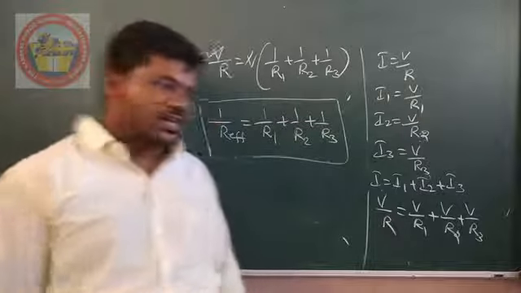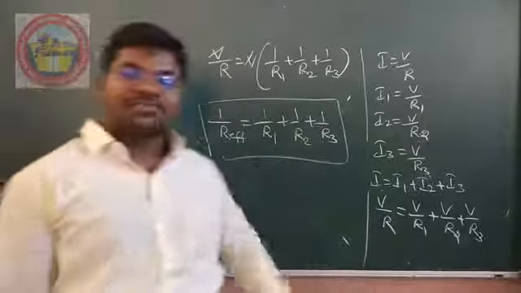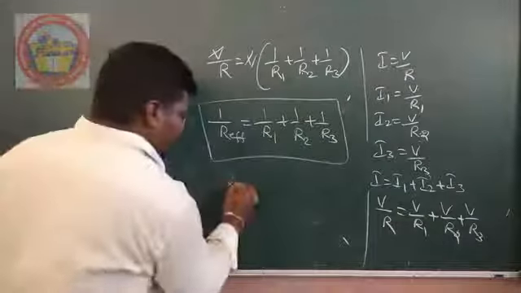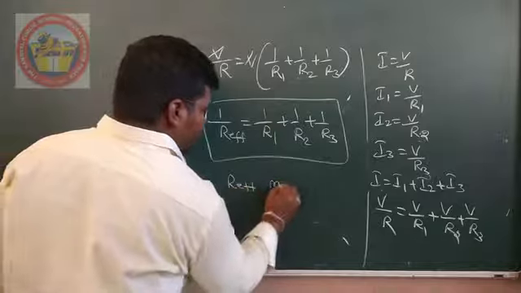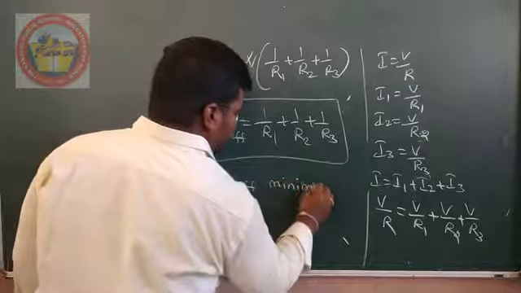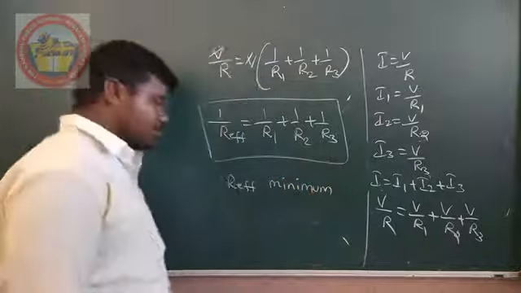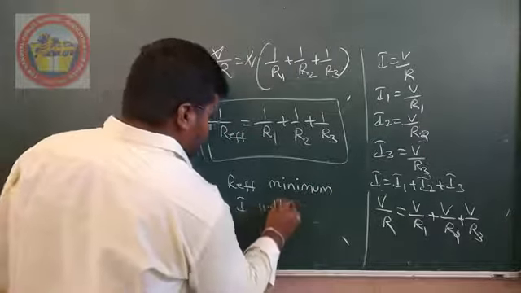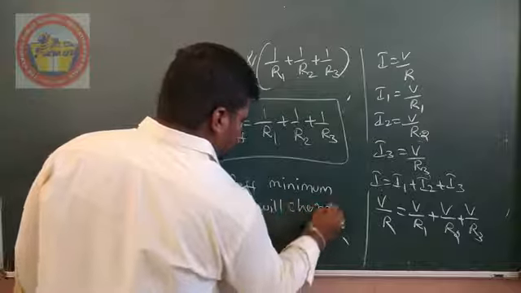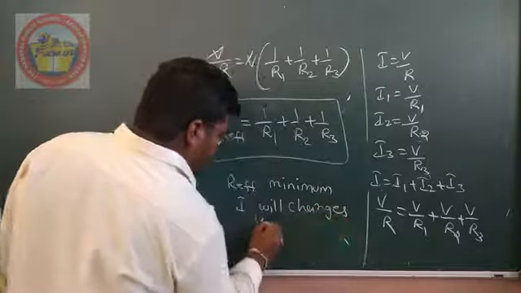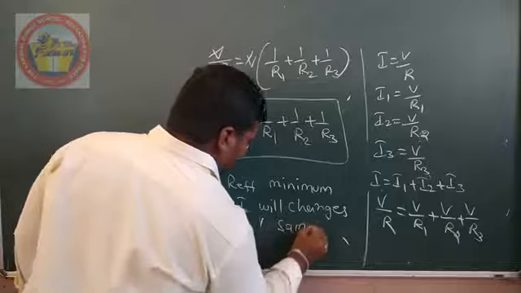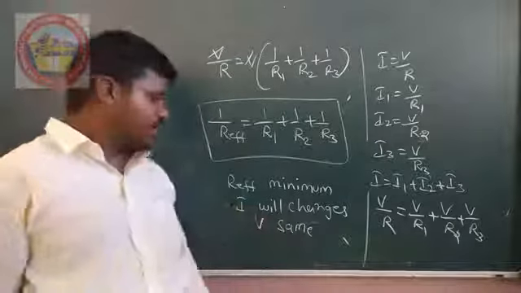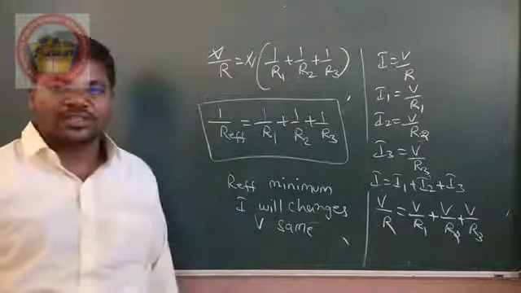This is the final expression for resistors in parallel combination. In this parallel combination, the resultant resistance R effective is minimum. The current changes, but V is the same or constant throughout the circuit.